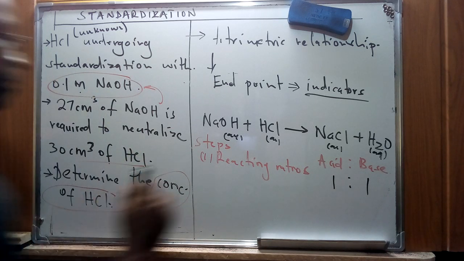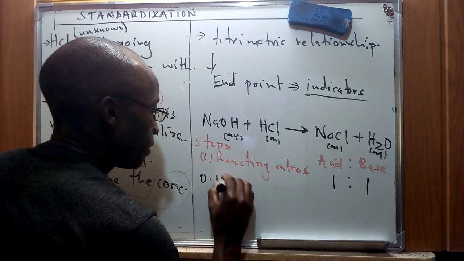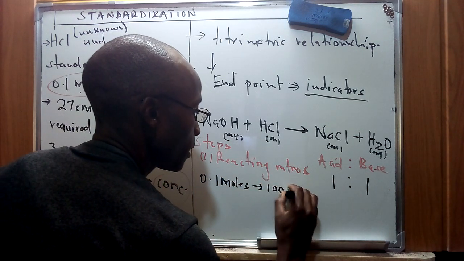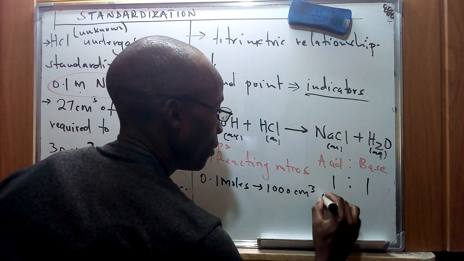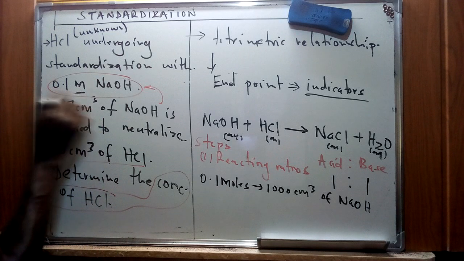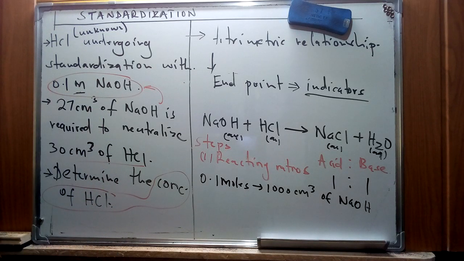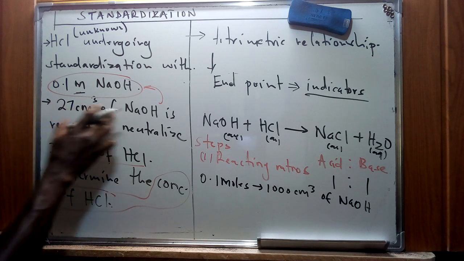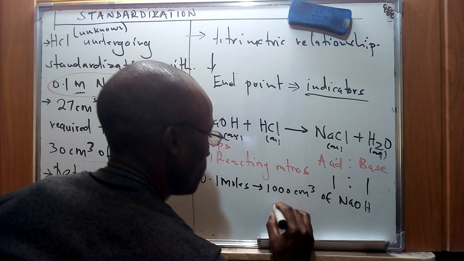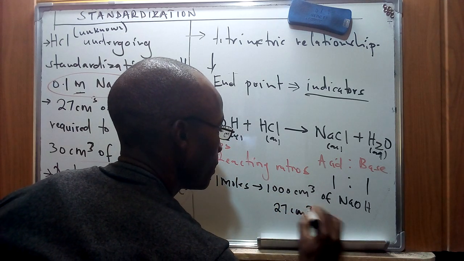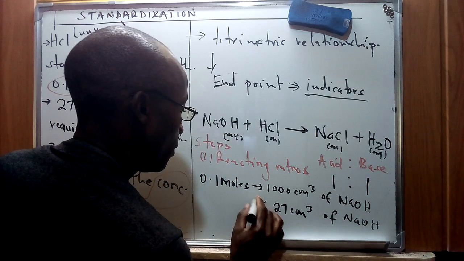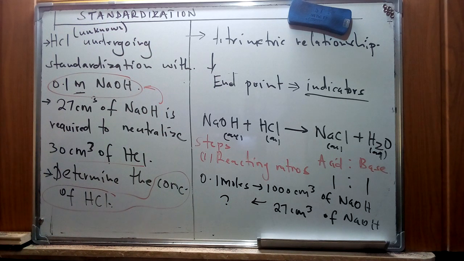From the concept that 0.1 moles are contained in 1,000 centimeter cubed of sodium hydroxide, basically from the concept of 1 molar, if 27 centimeter cubed of sodium hydroxide was used, we can say 27 centimeter cubed of this base will contain how many moles.